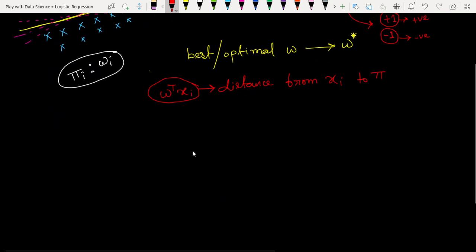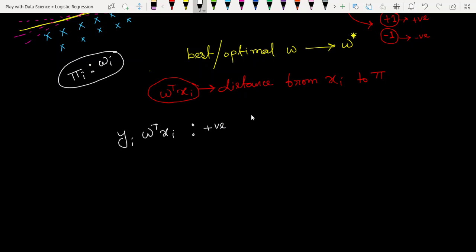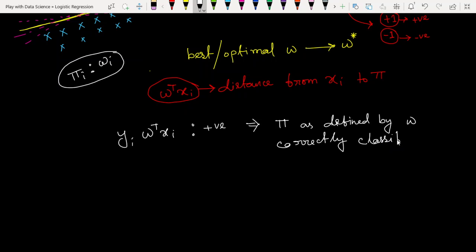And one thing, if yi w transpose xi is positive, then we conclude that the plane pi, as defined by w, correctly classified our data point xi.